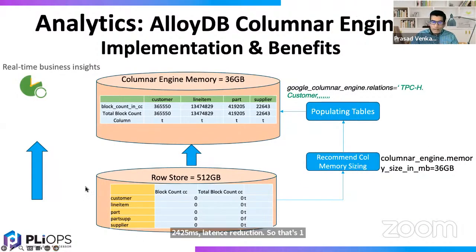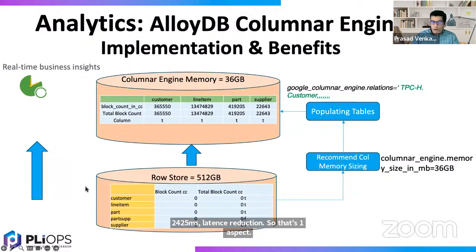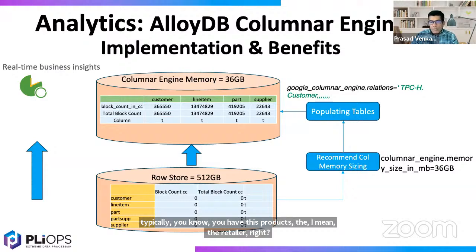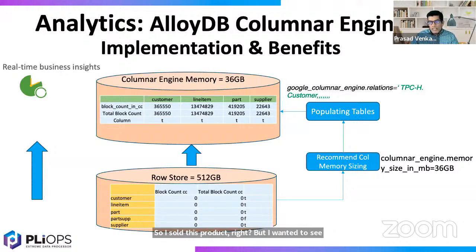Now, typically you have these products, the e-commerce, the retailer. So I sold this product, but before the next order comes, I want to see whether that item exists in my inventory or not. In typical scenarios, you will go fetch this from a data warehouse, pull this data, and then find out that information.